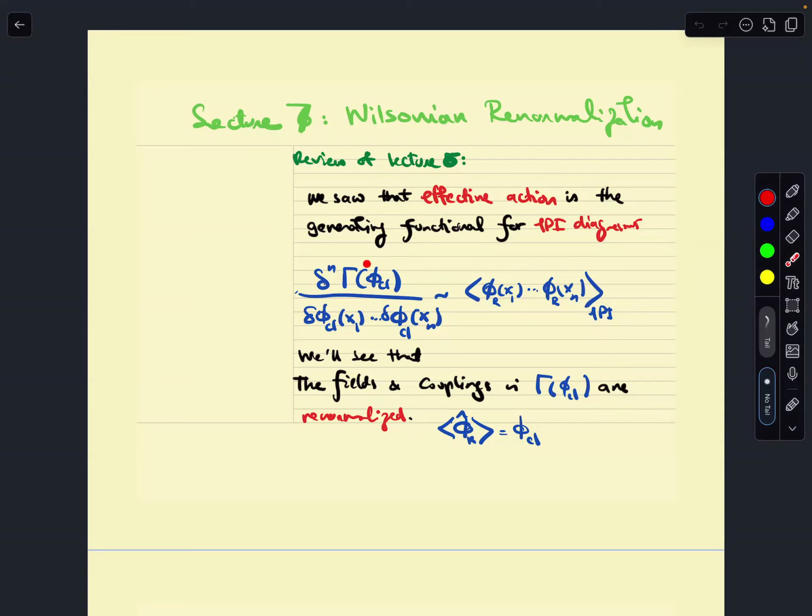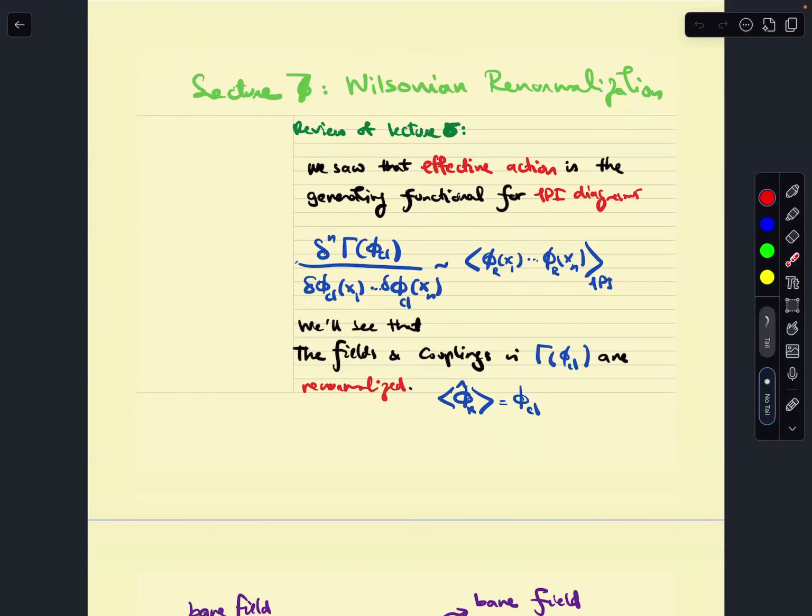We saw that the effective action is a functional of phi classical, which is the 1-point function, and if you take the derivative with respect to phi classical, what you find is the 1PI n-point function.